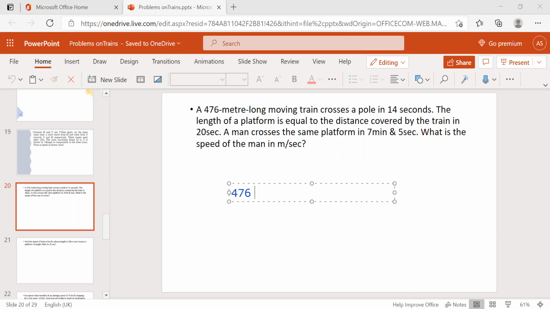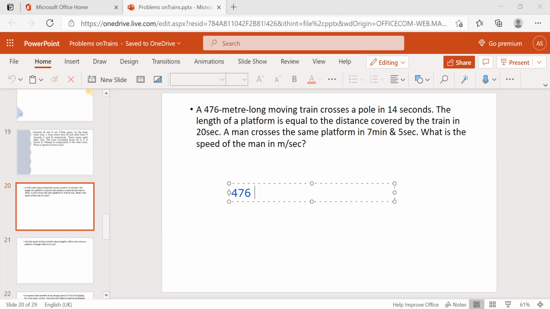What I said in the first class: if a train crosses a pole or a man or any small object whose length is negligible compared to the train length, then the distance covered by the train is the same as the length of the train. But here we need not convert the speed, so directly you can find the platform length.